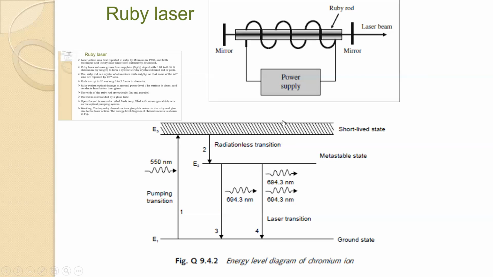So a photon is converted into two photons. Then this photon moves through this rod and hits this mirror. It may be reflected back. The two photons are reflected back into the active medium and may hit two different atoms.